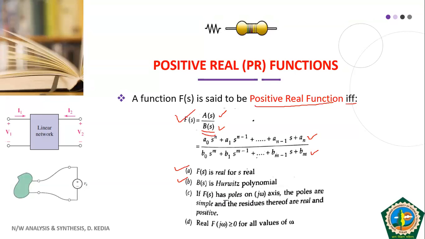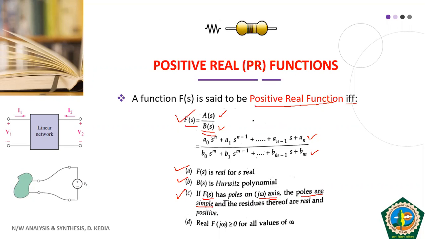So try to understand this. Unless you had known about Hurwitz polynomial, you could not have understood positive real function. That was the reason that we discussed Hurwitz polynomial in detail. And your third condition is that in case your positive real function, that is F(s), has poles on the j omega axis, meaning imaginary poles, then the poles must be simple.